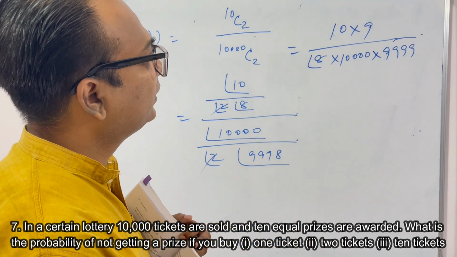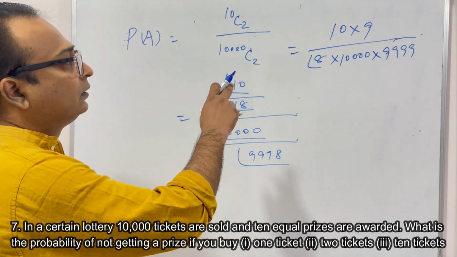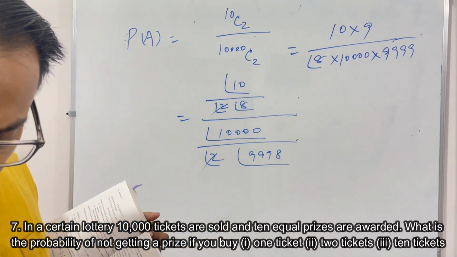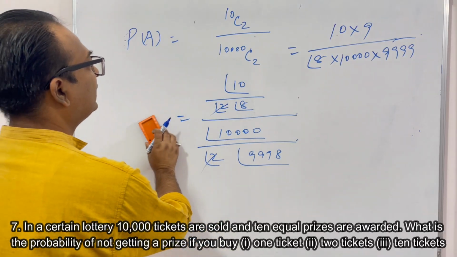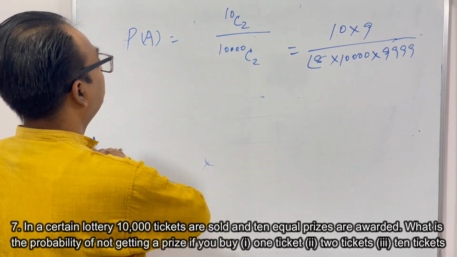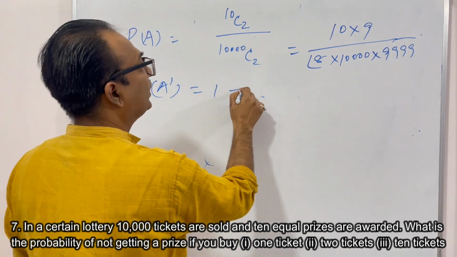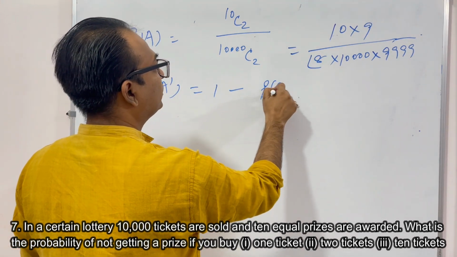This will be a big calculation, you can do it by yourself. We have to find P(A bar), so this will be 1 minus this quantity.